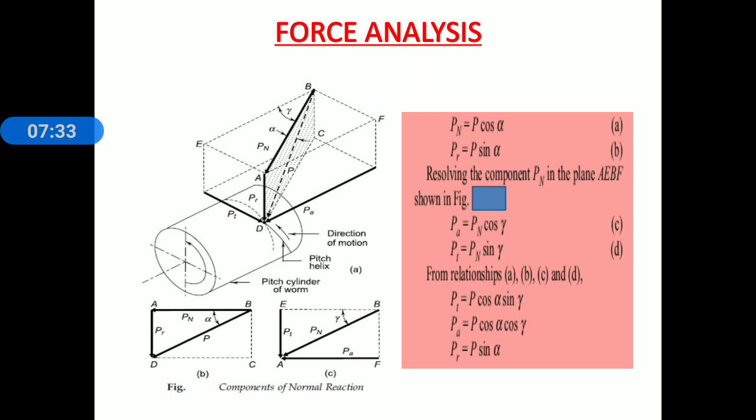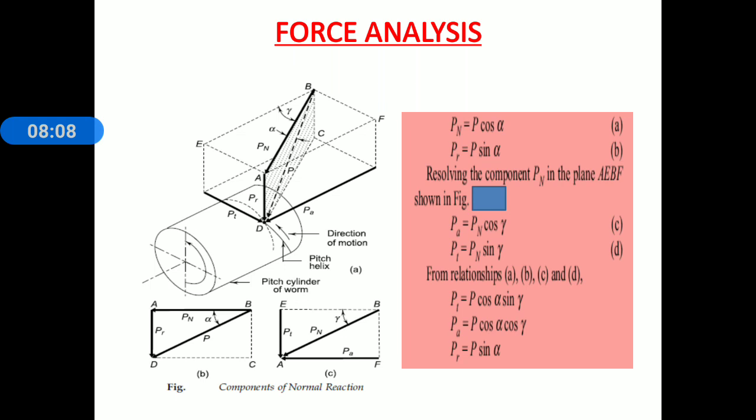Therefore, cos gamma is equal to PA divided by Pn, and therefore axial component PA is equal to Pn into cos gamma. Consider this equation C. Sin gamma is equal to opposite side to the hypotenuse. Opposite side is tangential force and hypotenuse is Pn. Therefore, sin gamma is equal to Pt divided by Pn, and therefore Pt is equal to Pn into sin gamma. Consider this equation D.